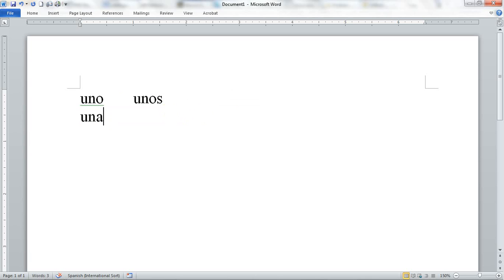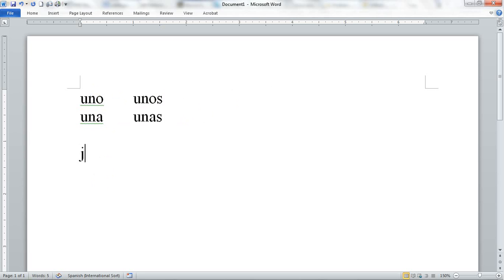Okay? These are the changes that you would expect with adjectives that end in O or A, or nouns that end in O or A and take gender and number. Okay? And so the way I want you to think about this is that the number one is actually the same thing as the article.